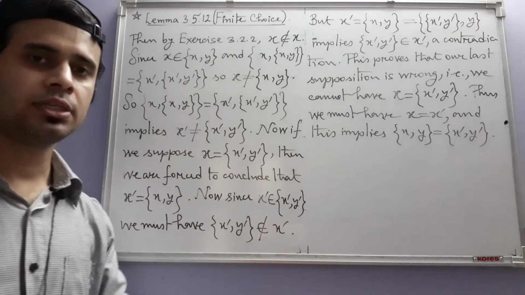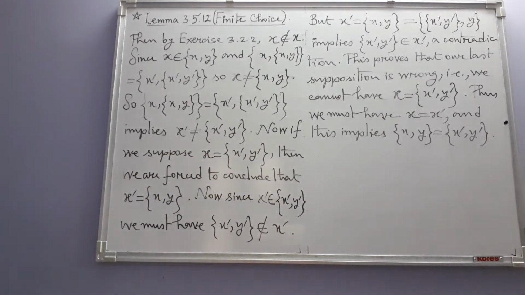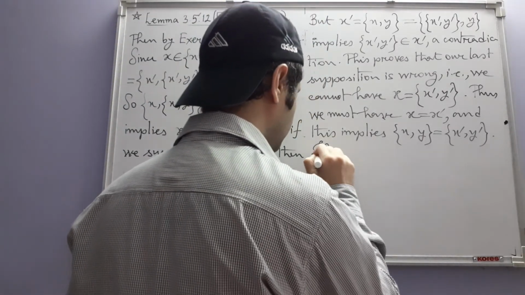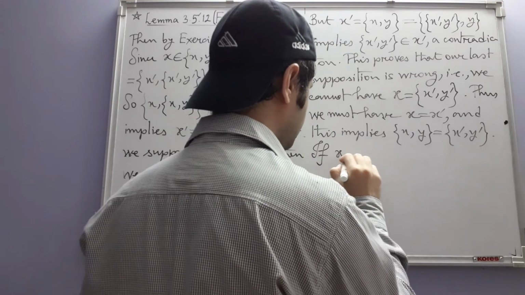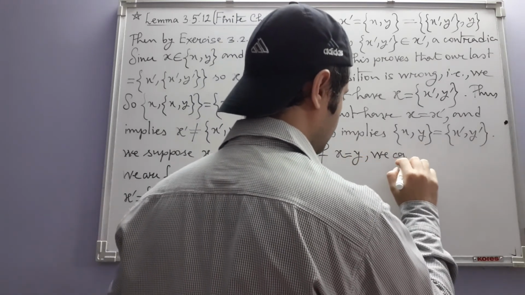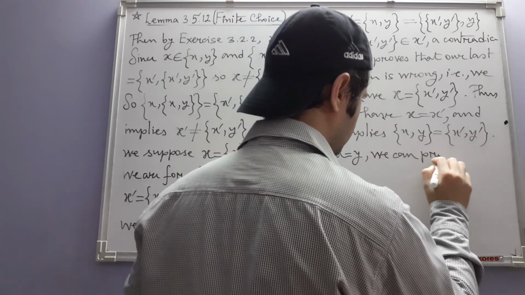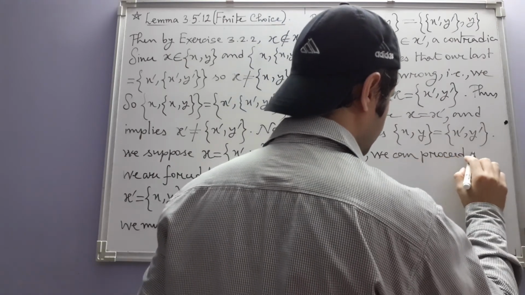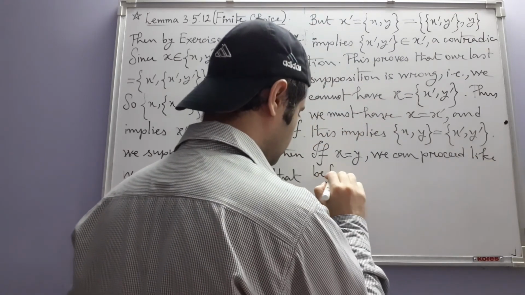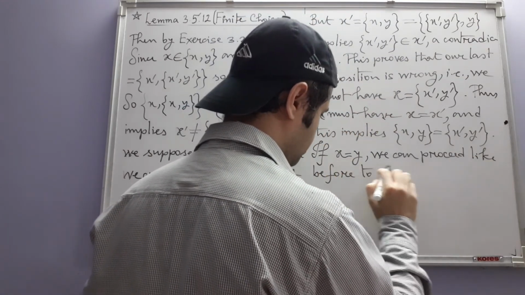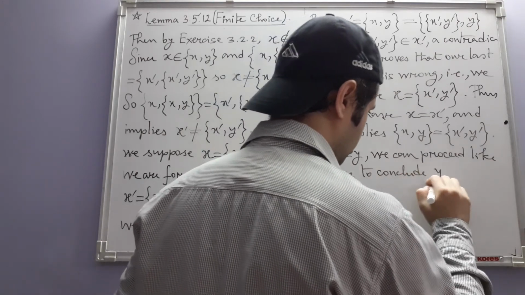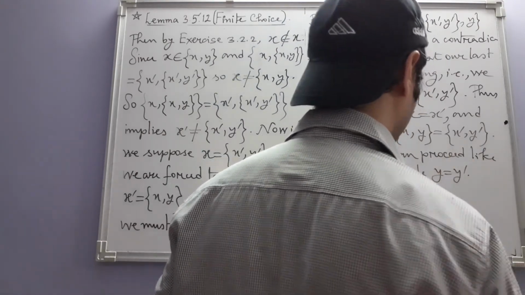So now from this we have to again conclude that y is equal to y'. Now here two cases arise. If x is equal to y, we can again proceed like before to conclude y is equal to y'.